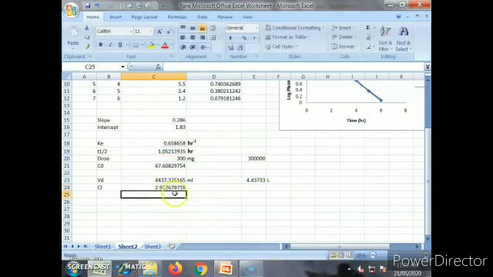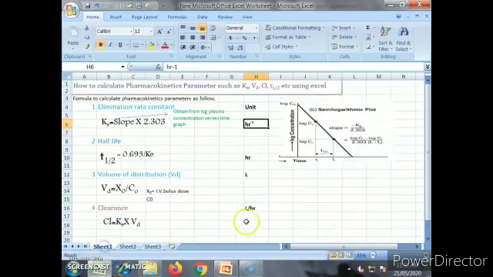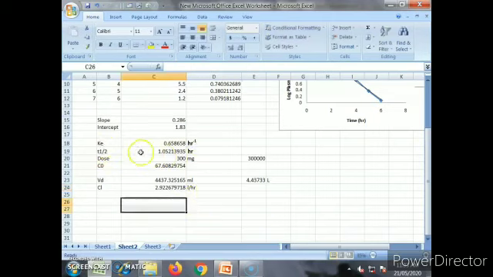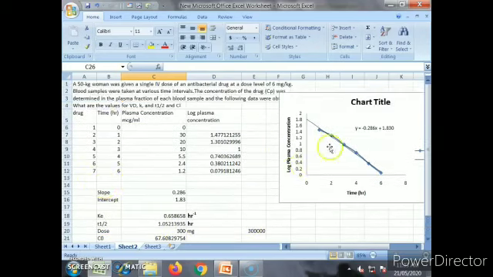The clearance is 2.9, and the unit for clearance is liter per hour. So in this way we have calculated the Ke, T half, dose, initial concentration, and Vd, the volume of distribution.